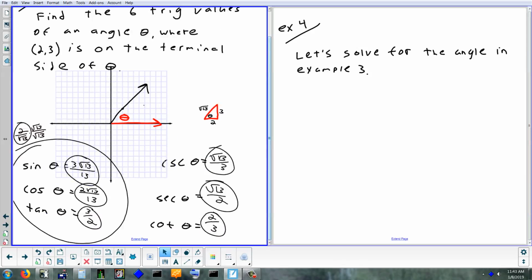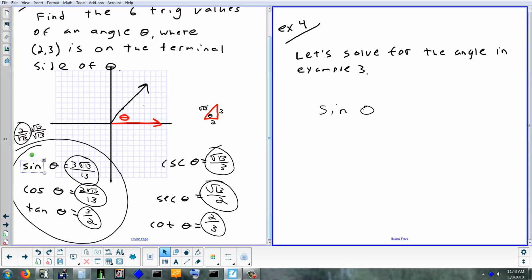I usually just do the first one, sine of theta. Okay. Let's copy it down. And I'm going to copy it the way Connor said it originally, 3 over the square root of 13. I'm okay with that because that's not a final answer. We're going to use it to get a final answer.